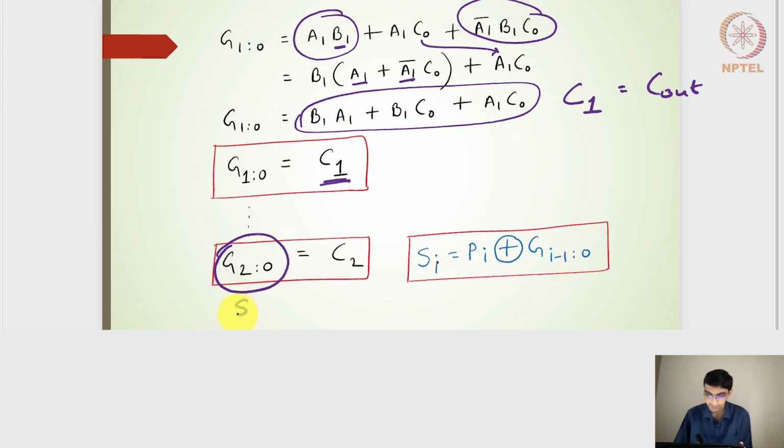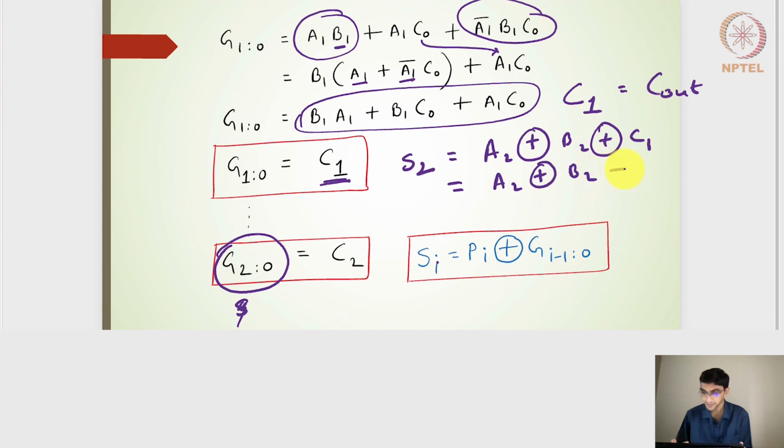If I want sum 2, once C1 is generated, we know that it will be nothing but A2 XOR B2 XOR C1, which I can also rewrite as A2 XOR B2 XOR G1 is to 0, in terms of the group generating signal. And A2 and B2, I can write in terms of the bit level propagate signal P2 XOR with G1 is to 0.